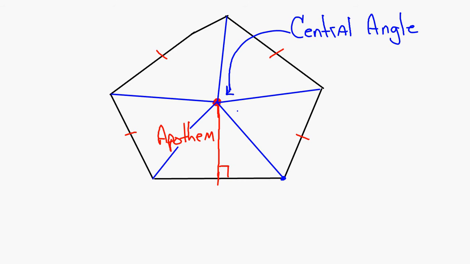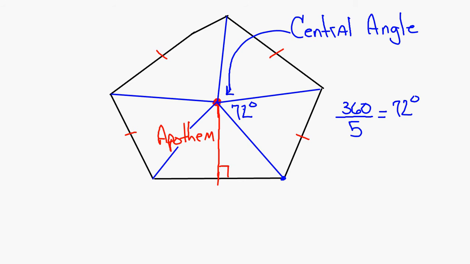So look, your notes said that the central angle is equal to 360 divided by n, which is the number of sides. So if you take 360 and divide it by 5, it gives you the measure of each of these central angles. And what is 360 divided by 5? 72. All right, so each of these central angles is 72 degrees. Agreed?